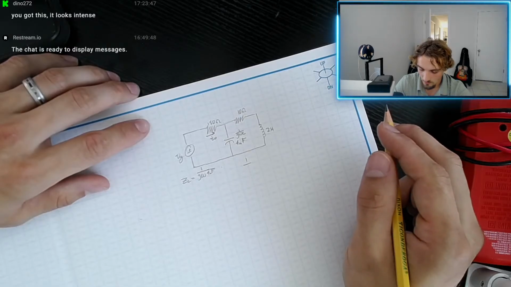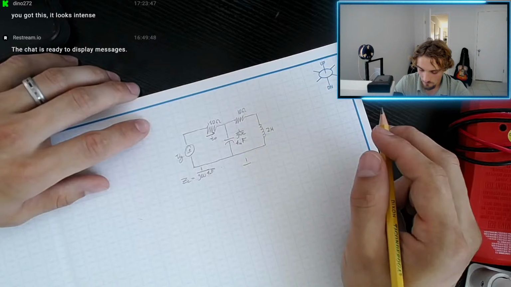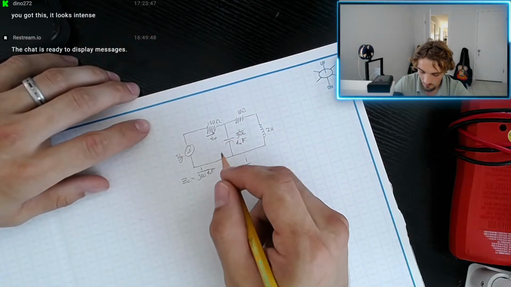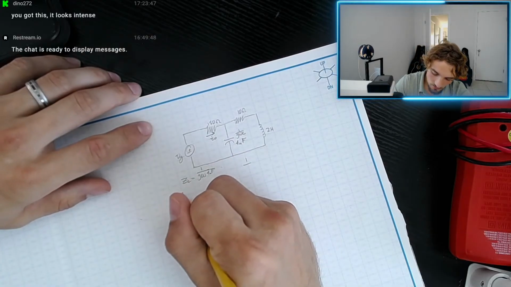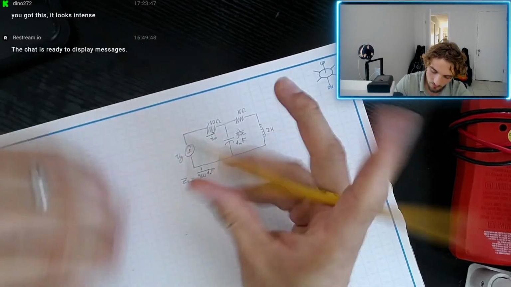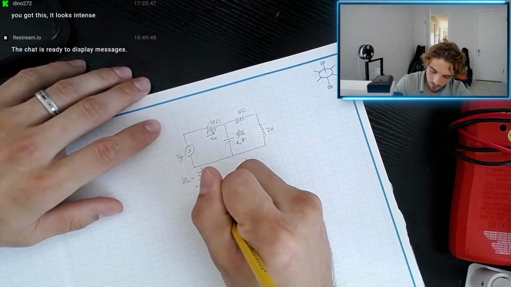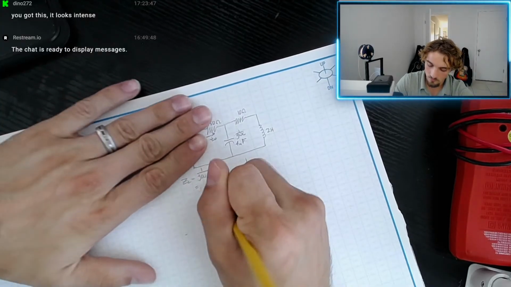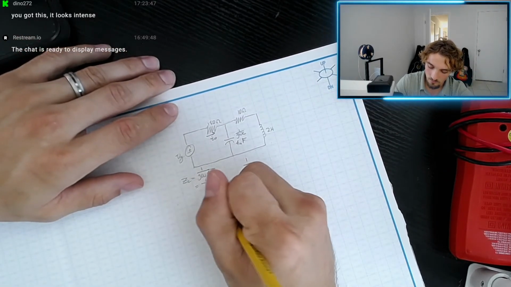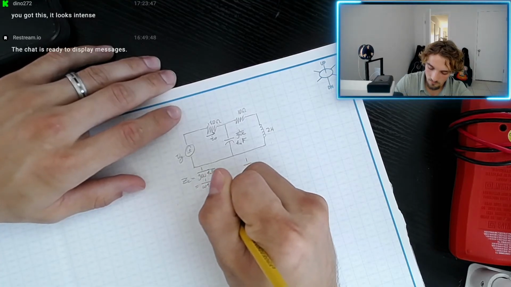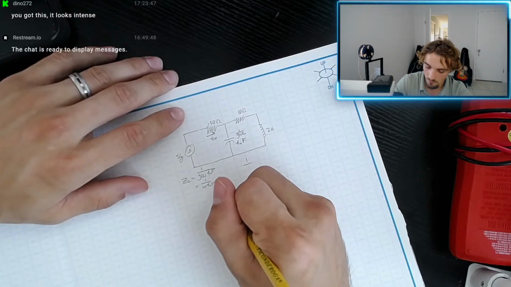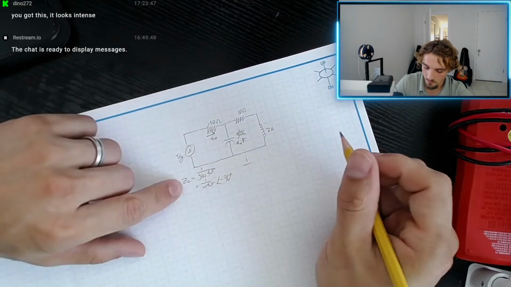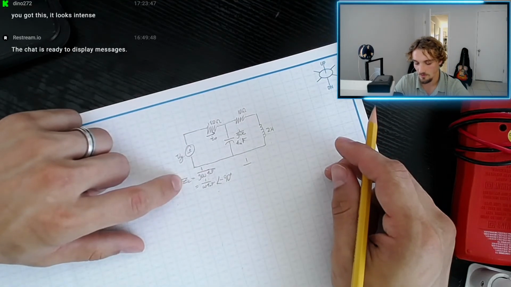Omega. Negative 90 degrees. It doesn't matter what perspective, it's just ZC.